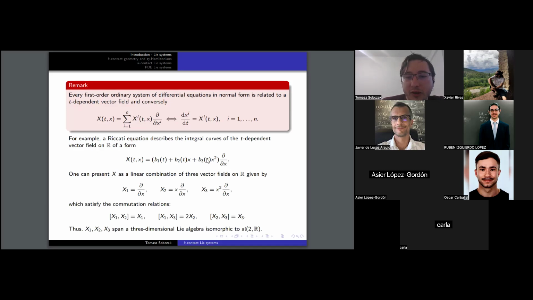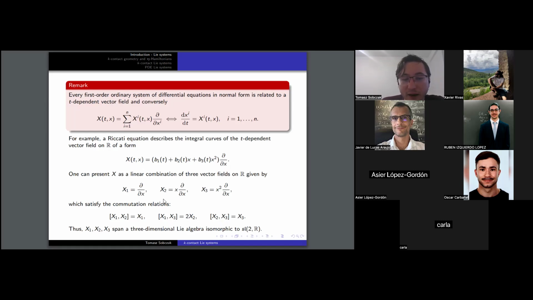This decomposition can be done using a linear combination of only three vector fields on R without the time-dependent part, x1, x2, and x3. Additionally, they are closed under the commutation, and the commutation relations are exactly as given. As a bonus, this is a three-dimensional Lie algebra, which is isomorphic to sl(2,R).